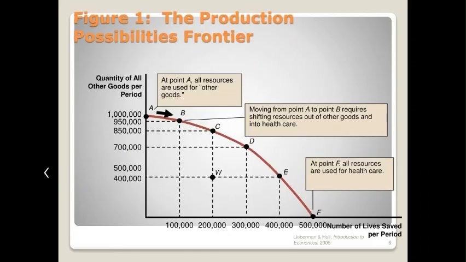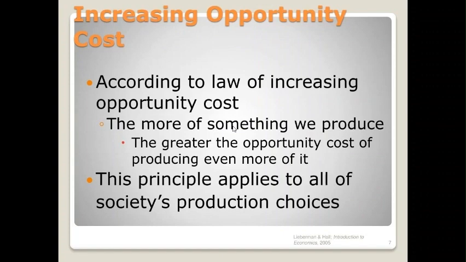As we see in the diagram below, as we go down, there's a decrease in the quantity of goods per period due to the increase in the number of lives saved, and that creates a marginal increase in the number of lives saved. But while it does that, it creates a marginal decrease in the goods per period. And that's what we mean by the greater the opportunity cost of producing even more of it.